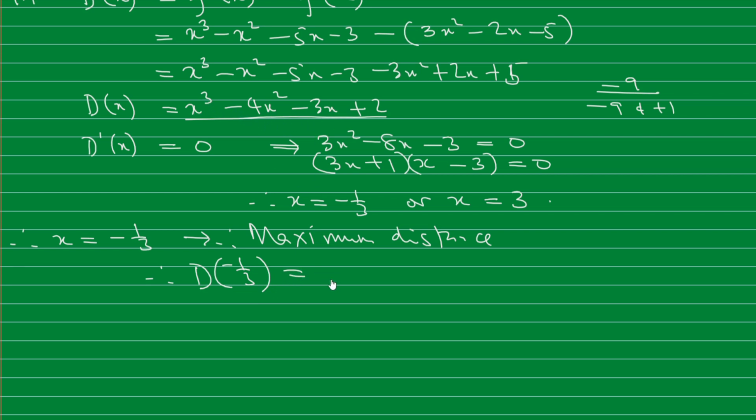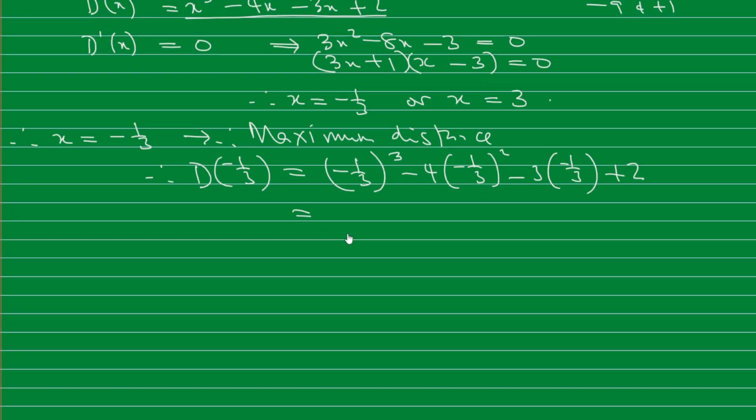which is a negative 1 over 3 to the power 3 minus 4 into negative 1 over 3 squared minus 3 into negative 1 over 3 plus 2. Okay, which we will have to simplify. Let's enter that one in our calculator.